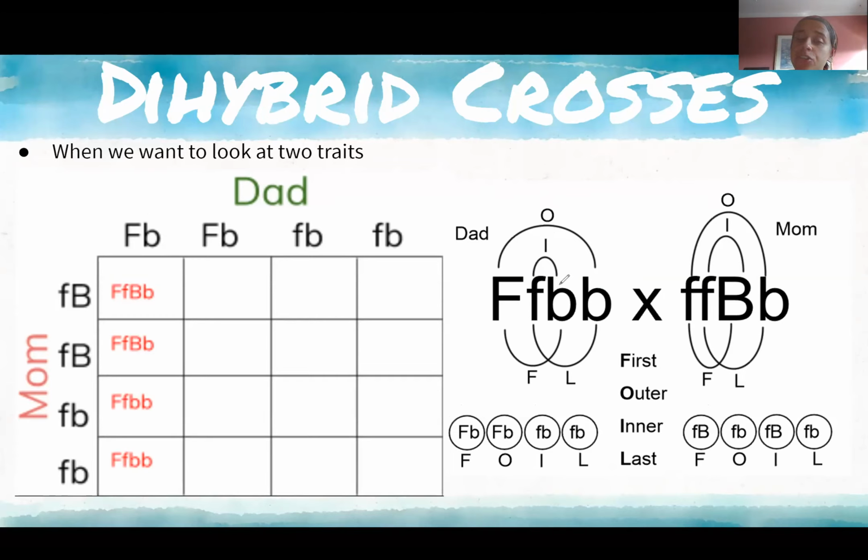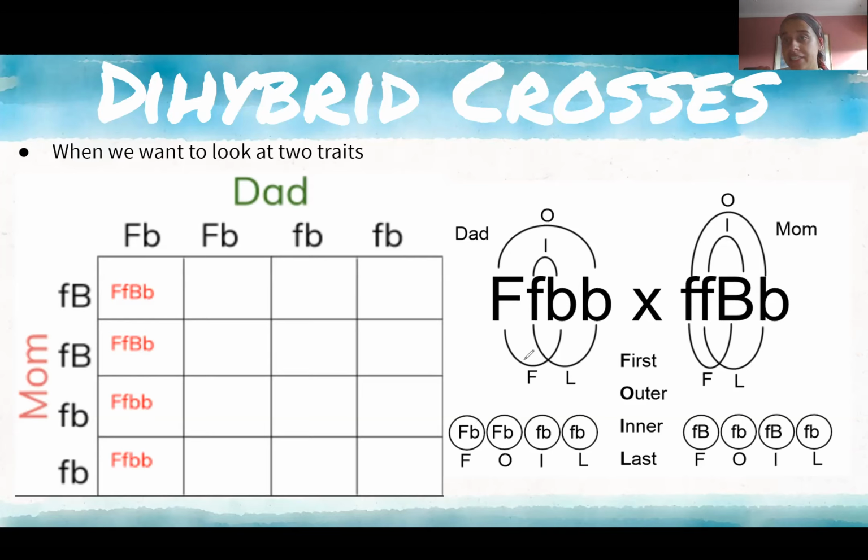And then you're going to FOIL the genotype within the parent's traits in order to get the different combinations of these traits being expressed.